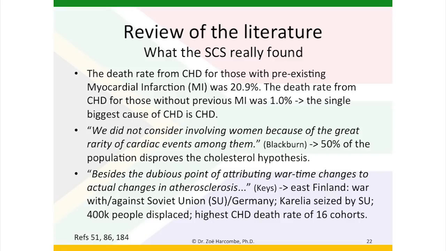In contrast, the death rate over 5 years of the men who hadn't had a heart attack was just 1%. So what the 7-country study in fact showed is that the single biggest cause of coronary heart disease is coronary heart disease. We did not consider involving women because of the great rarity of cardiac events among them.